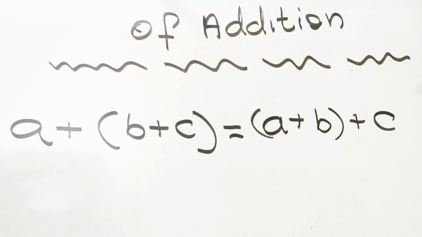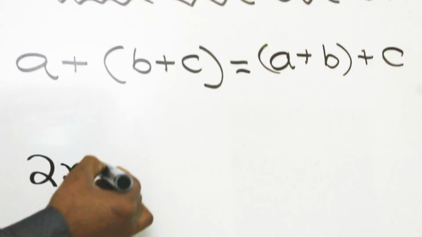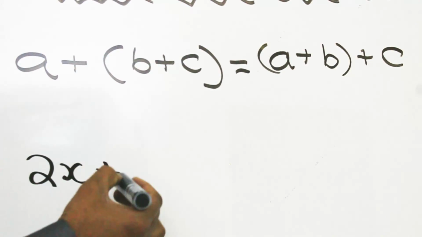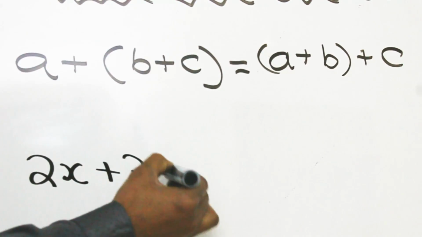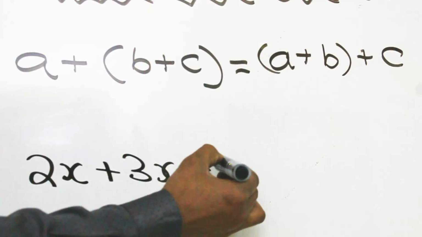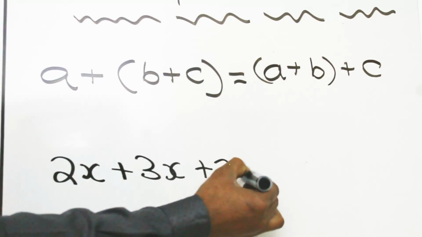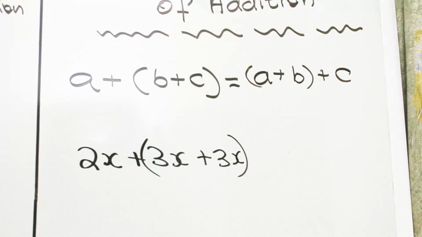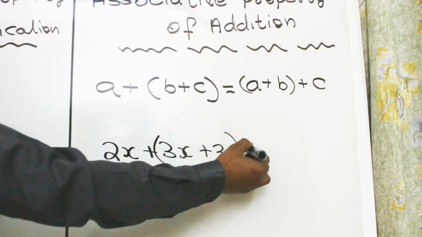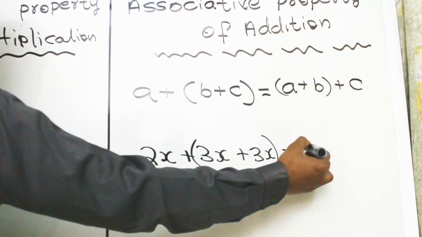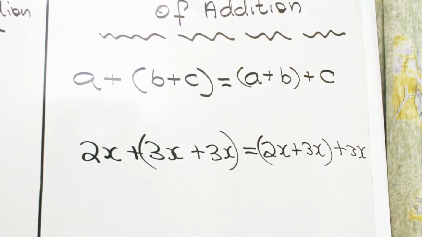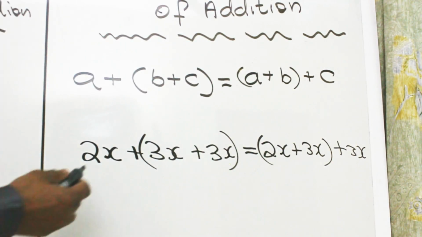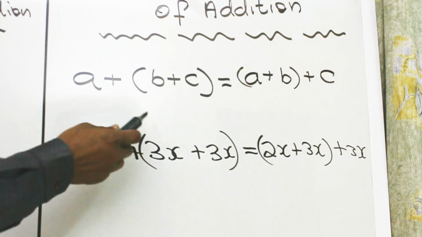We will check it with numbers. 2x plus 3x plus 3x equals 2x plus 3x plus 3x, where I changed the bracket. We will check this using the property.